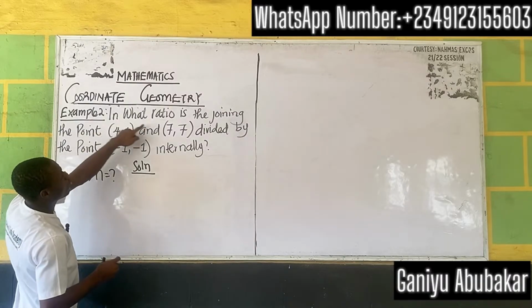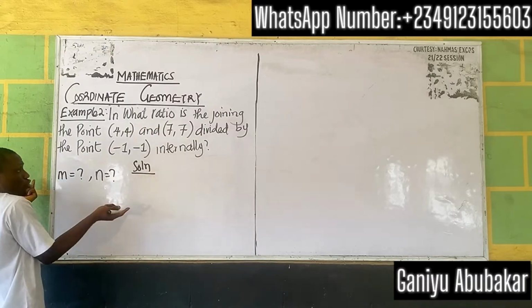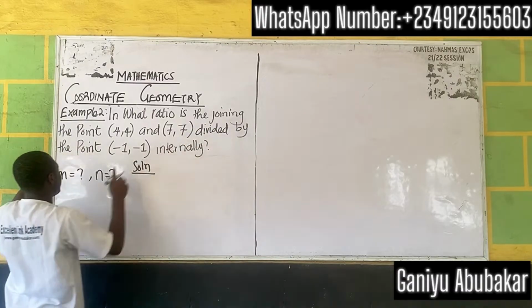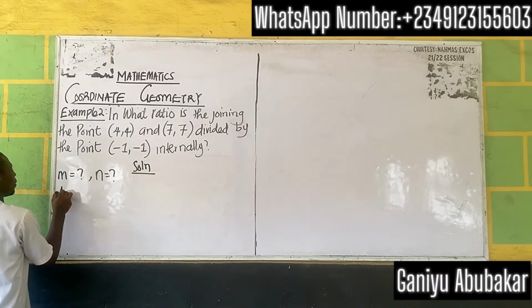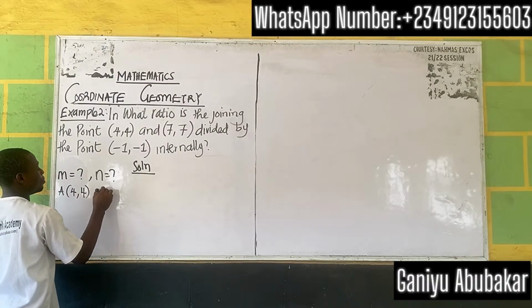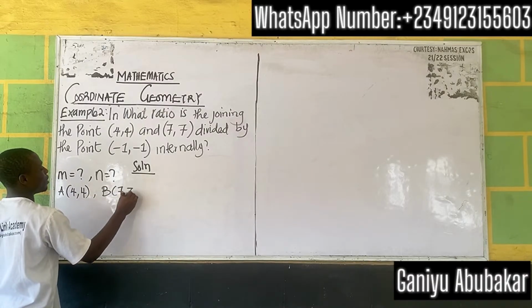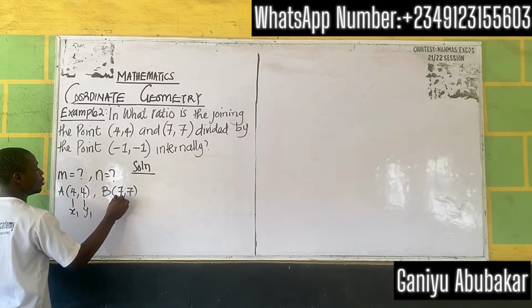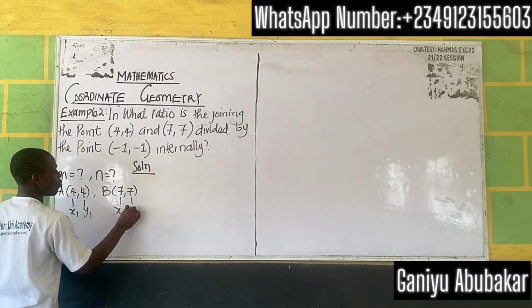It says, in what ratio is the line joining this point and this point? So let me call my point A as 4 comma 4 and my point B as 7 comma 7. So this one is x1, this is y1, this is x2, this is y2.